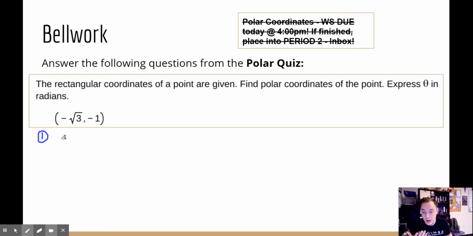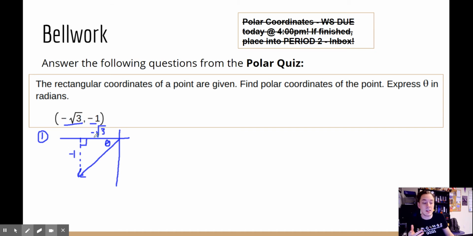This is the third quadrant, so I'm going to blow up this third quadrant. I'm going to draw my extending triangle with my little right angle. I don't really care what this theta is, to be honest. I'm just going to put it there. I don't really care what that reference angle is. That's not what I'm trying to find. I need to start putting in these. So my x variable is negative radical 3, and this is negative 1.